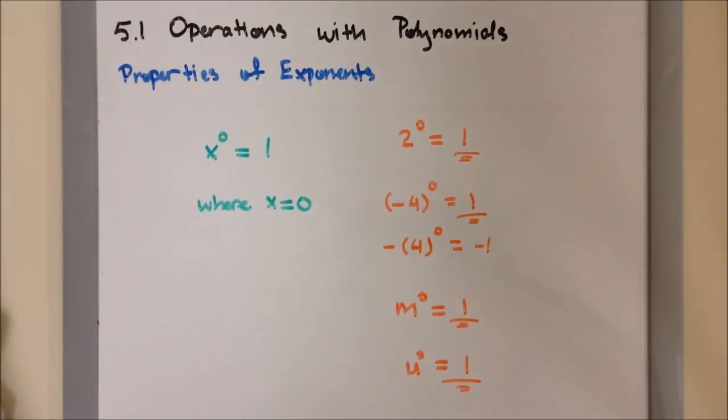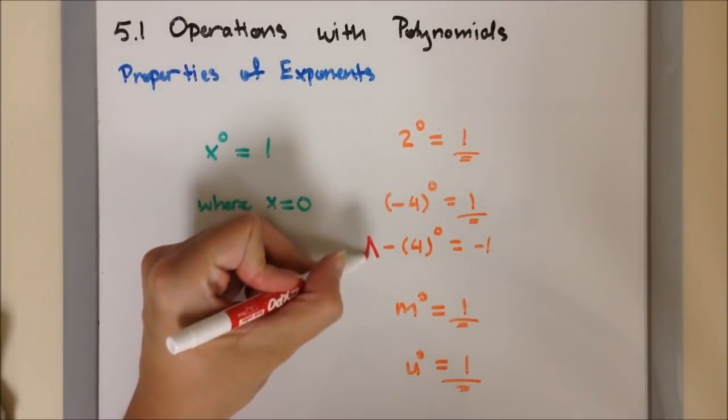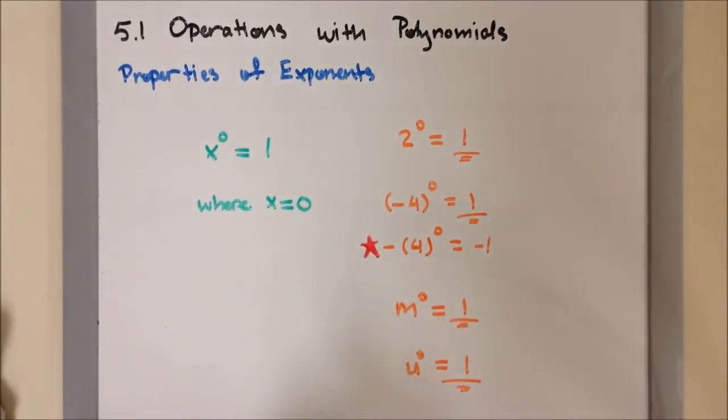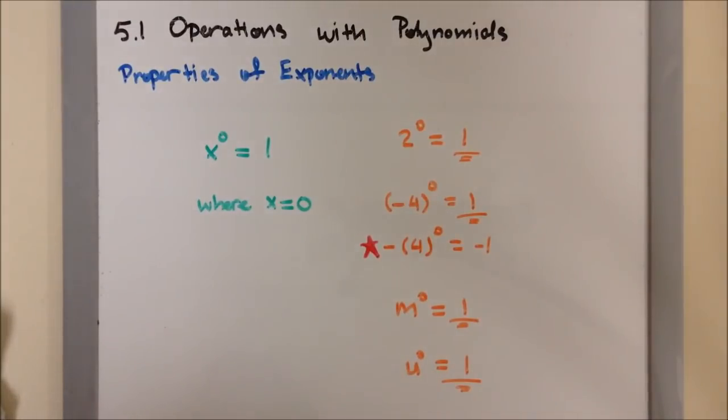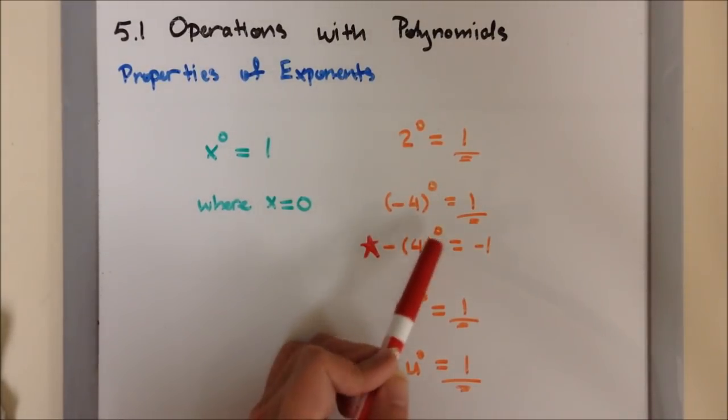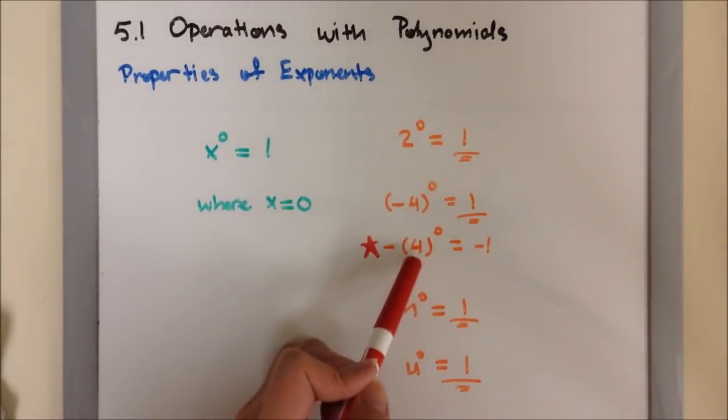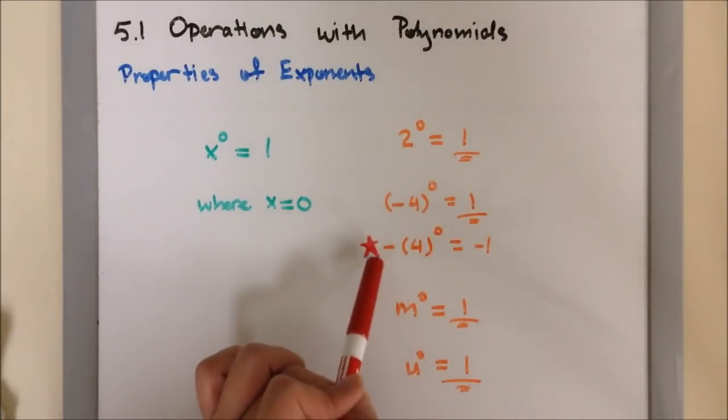The only special case I talked about was this one, when you have a negative outside the parenthesis, in which case it equals negative 1. This is a unique case where the 0 only applied to the 4, so that part became 1, and then I distribute the negative.